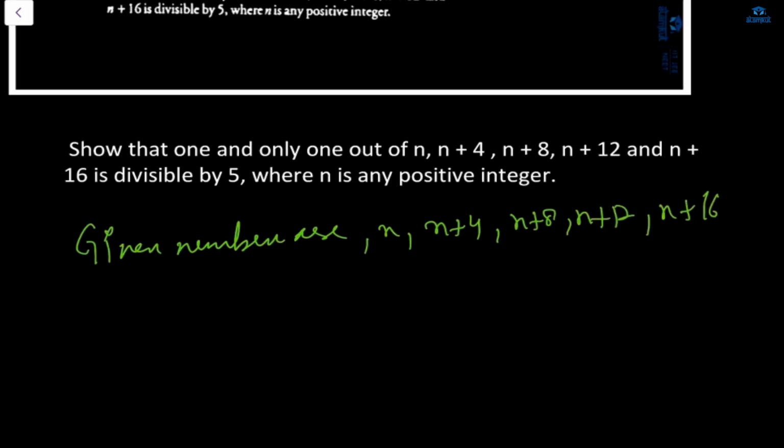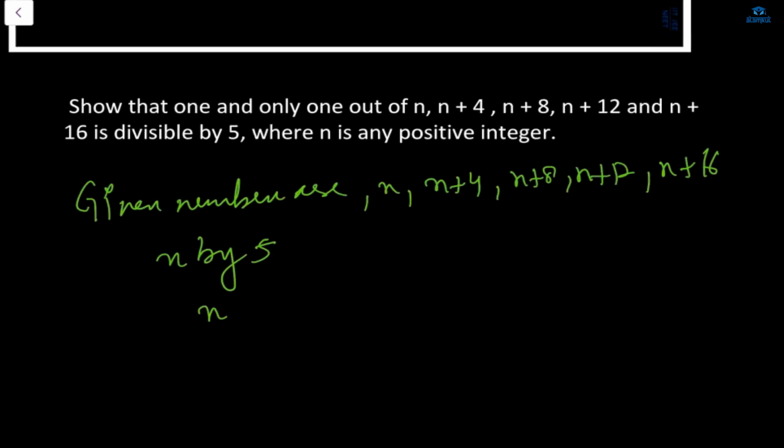Now, on dividing n by 5, let q be the quotient and r be the remainder. So n is 5q plus r, where r is greater than or equal to 0 and less than 5, from Euclid's division lemma.